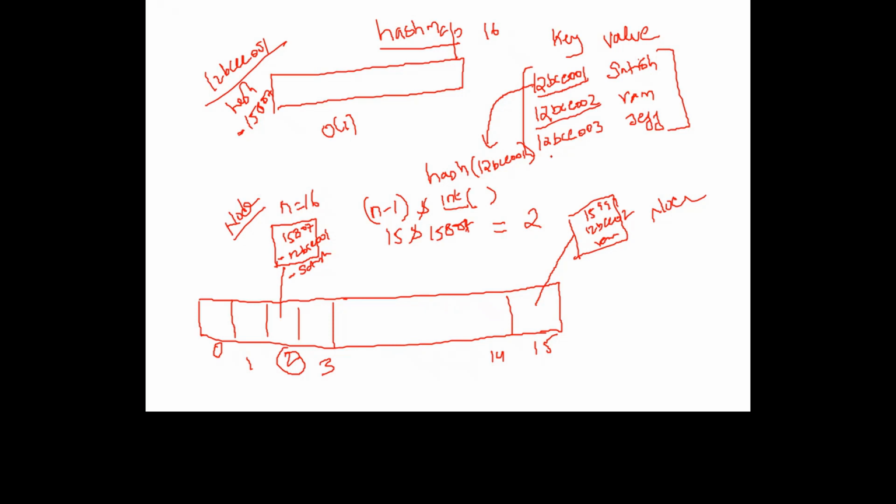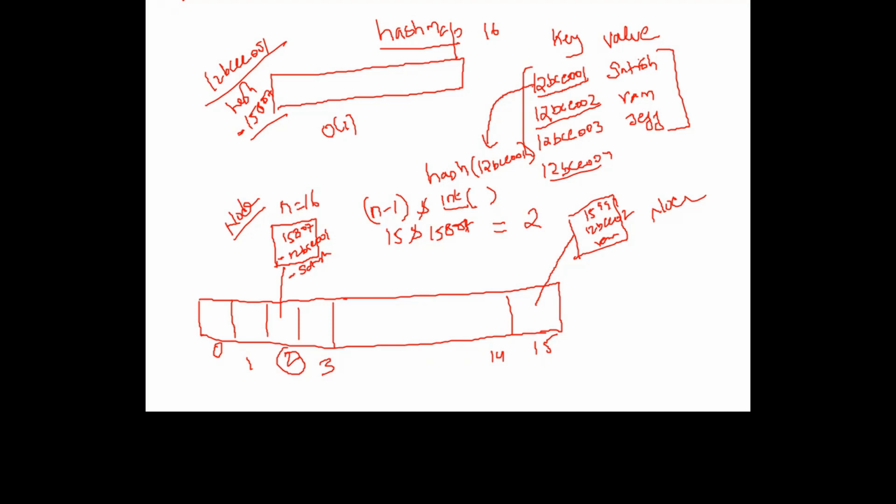If I pass any other key, say by chance 12BCE004, to the hash function, will I get the same integer value that I received for the other key? Put another way, if you hash two different keys, is there a chance of getting the same hashed value? How many of you say yes? Only a few of them are saying yes.